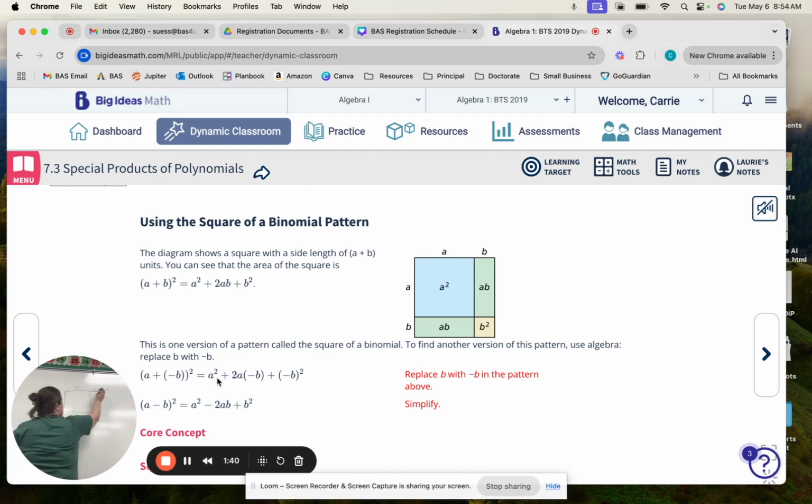So if I were to write that as a formula for this times this, I would say b plus a times b plus a. This is simplified to b plus a squared.